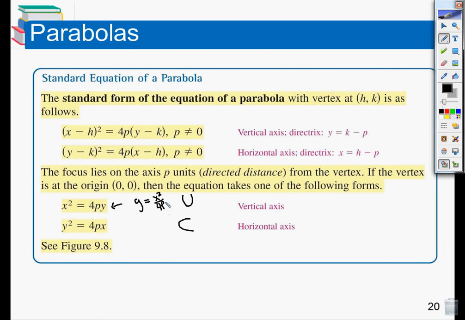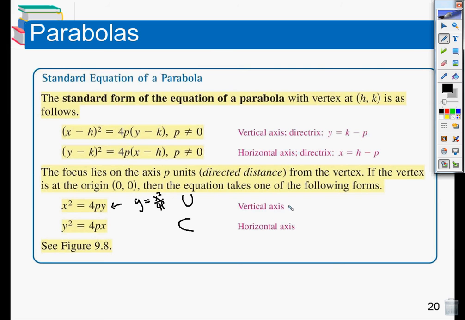And all that this new variable in there is, is a piece of information that shows us how far from the focus the vertex is. So it'll explain to us how steep or how flat the parabola is based upon the p-value.